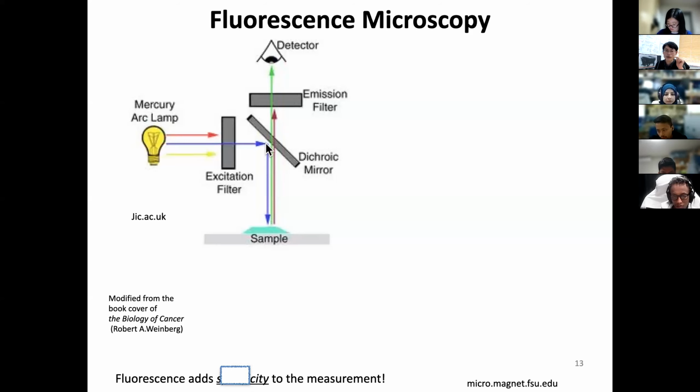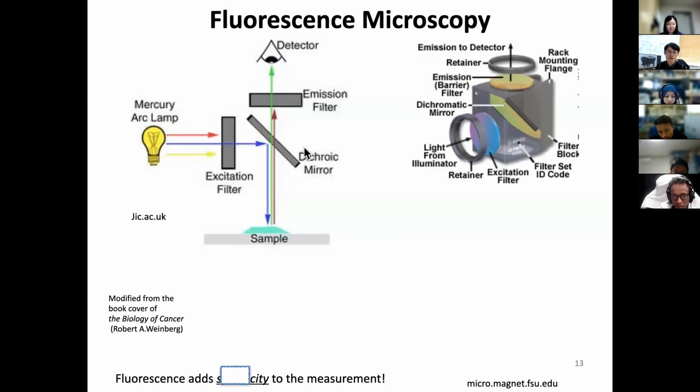For lower wavelengths it works as a mirror, but for longer wavelengths it works as just a glass and passes through. Then you can choose different emission filters to choose either green or red light. That's the epifluorescence microscope. How do you build it? It's simple. You just need an excitation filter, a dichromatic or dichroic mirror, and an emission filter. That's it.